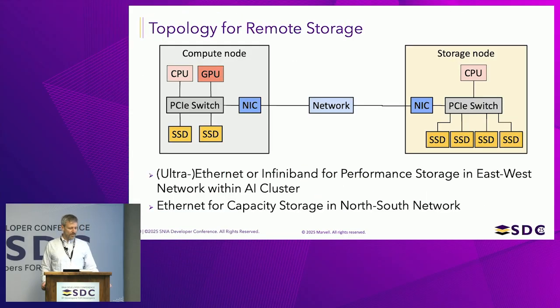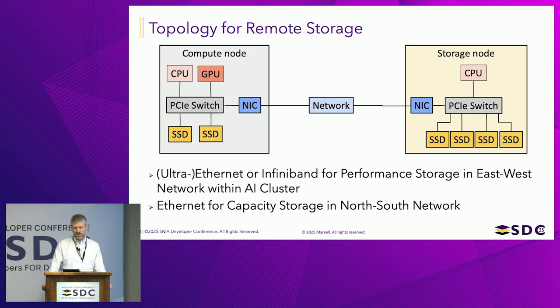Okay, so how about remote storage? So here I'm showing on the left side a compute node. It uses, as I have shown before, CPU, GPUs, PCIe switch, SSDs. You use a network interface card then to connect that compute node to a network that connects into a storage node.